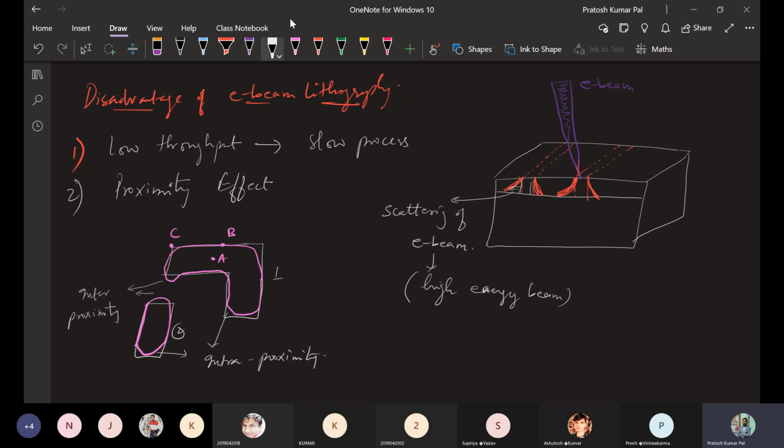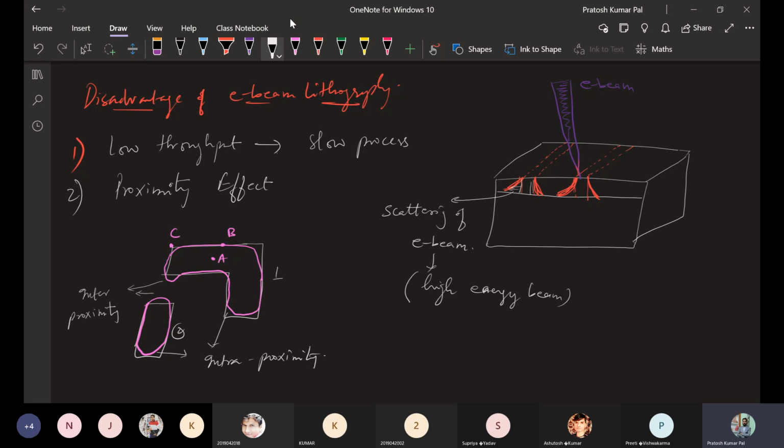The strength, concentration, or quantity of e-beam exposure at these three locations will be different, so they get separated from the other one. There is no proper exposition of the e-beam at this C position, so some space is left at this corner position, which will be less exposed with the e-beam.